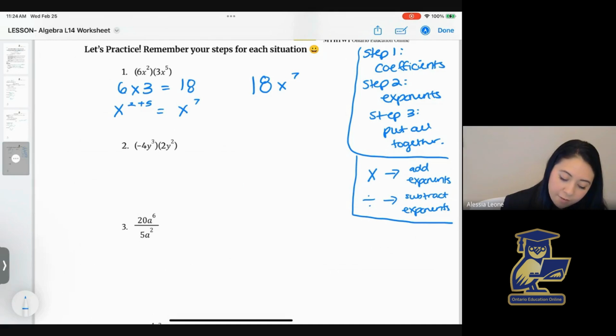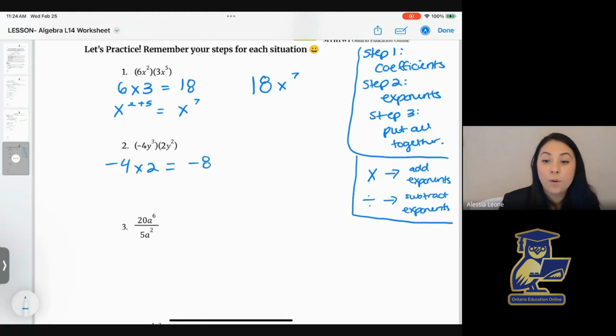Number 2, negative 4y to the power of 3 times 2y to the power of 2. Multiplication question. Okay, we know, let's work with our coefficients. Negative 4 times 2 is negative 8. We have to work with our exponents.